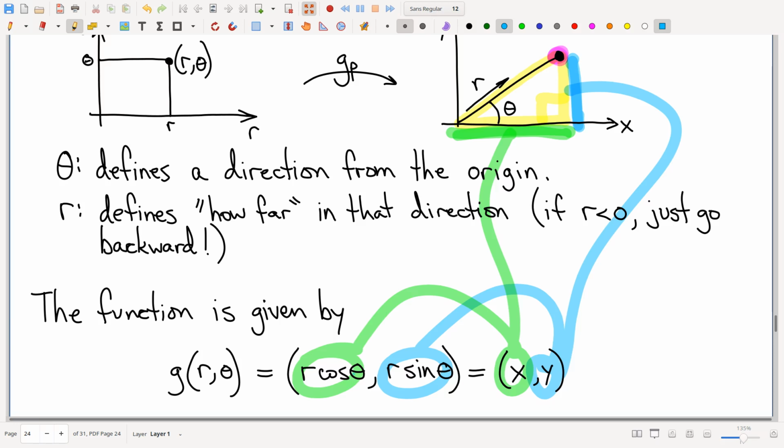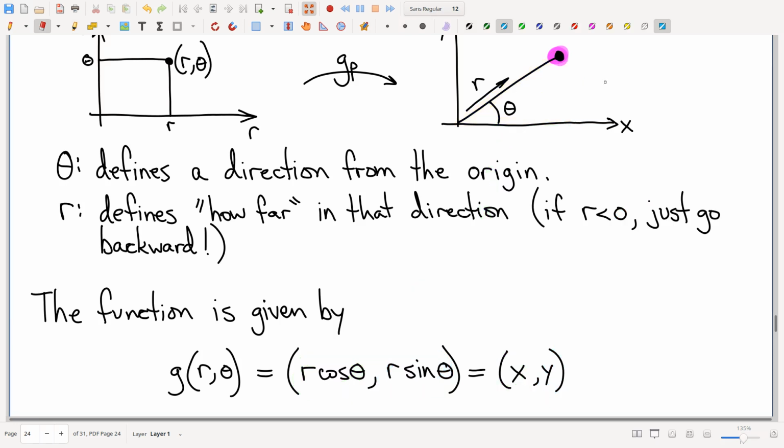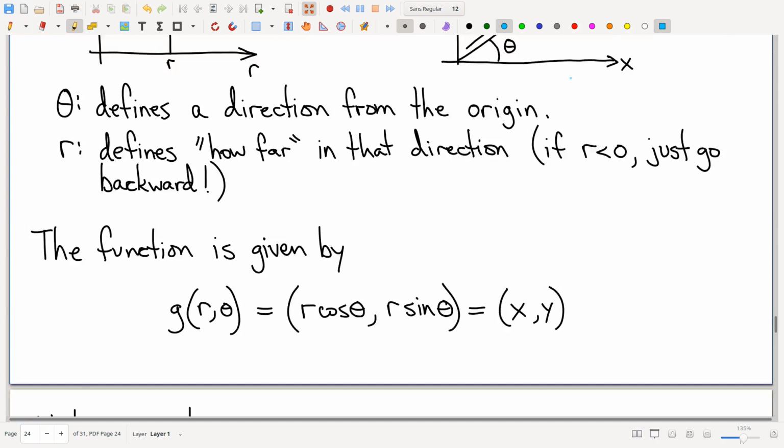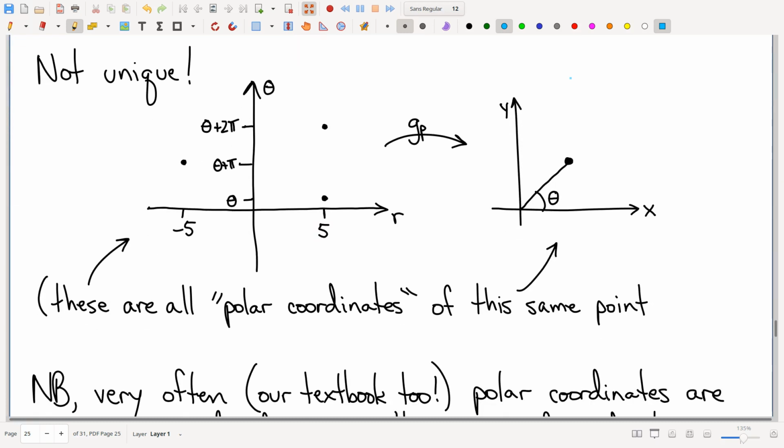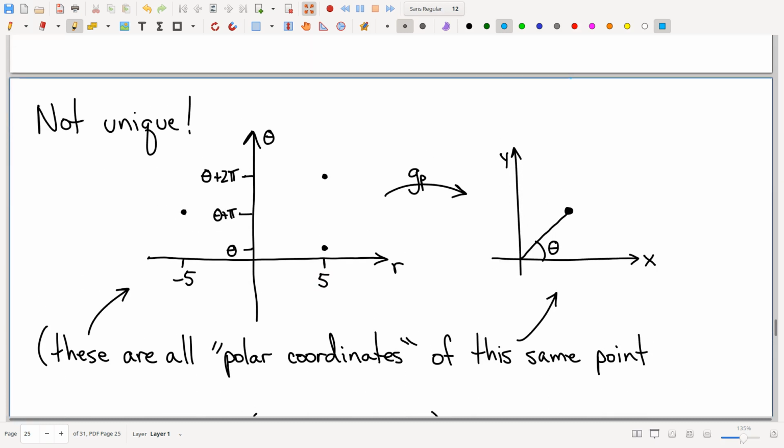Okay, so we've got ourselves a coordinate system. First observation to make, though: not unique. It's tempting to think it'd be unique because if I have a point, then there's a direction that I go from the origin to get to that point.